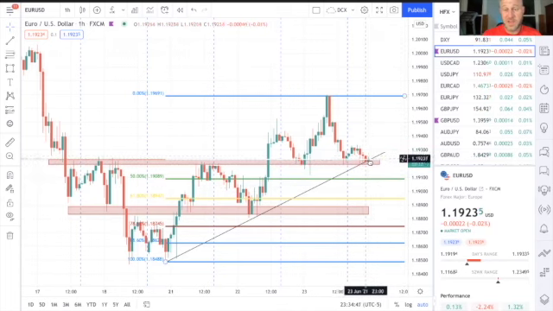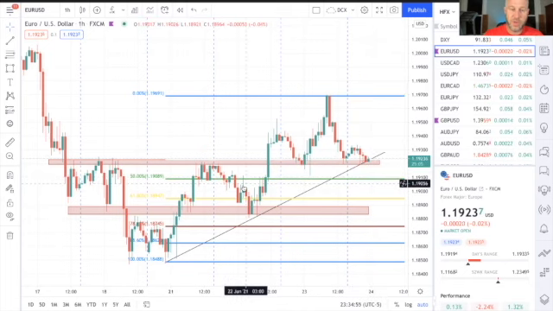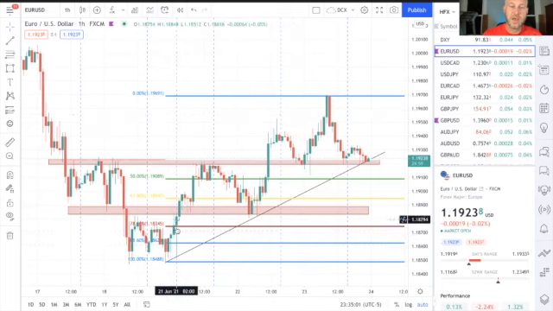So there is potential that this could break down to here, break that trend line into this level, and then continue up. But Fibs just give you another indicator to help you look at the levels and see, okay, this is where buyers are coming in, sellers are coming in, things like that.